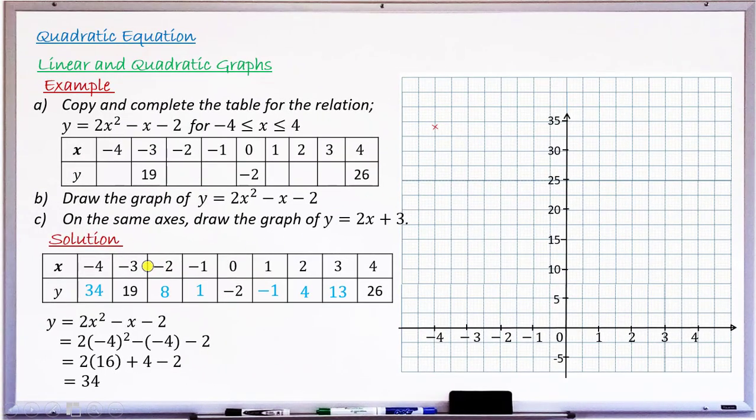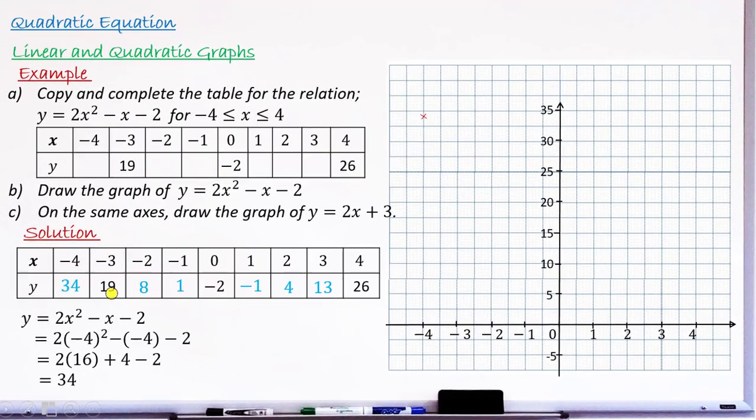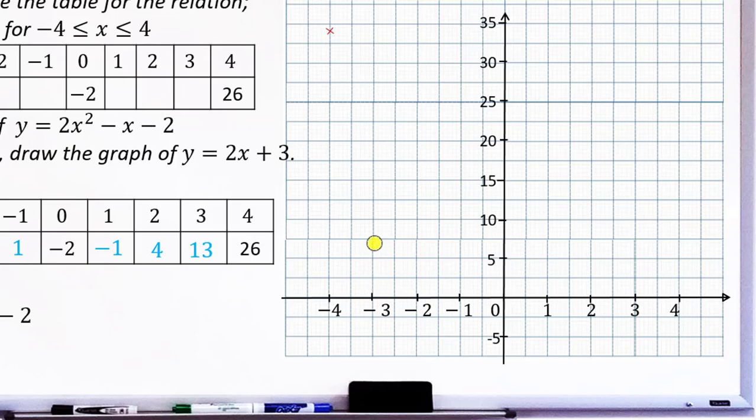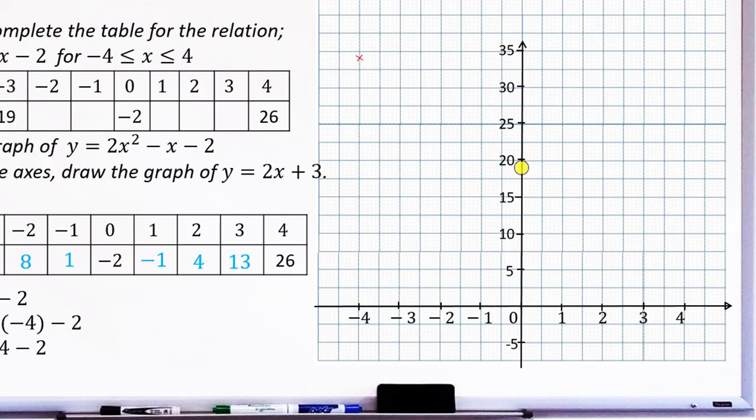So I'm going to take the second point, x minus 3, y 19. This is y 20. So 2 small divisions below 20 will give me 19. So it's now going to be somewhere here. Look at it. Yes. So I'll continue. Next point is x minus 2, y 8. y 8 will now be 4 small divisions below 10.